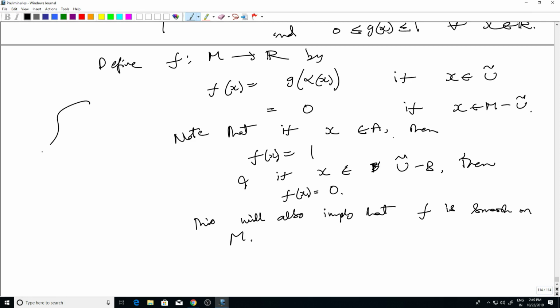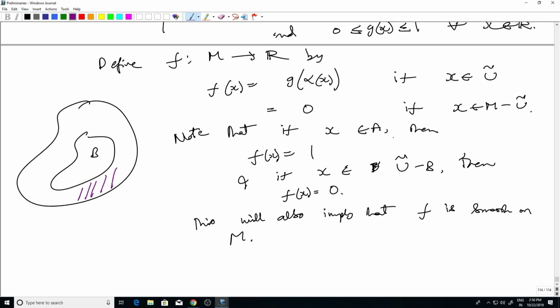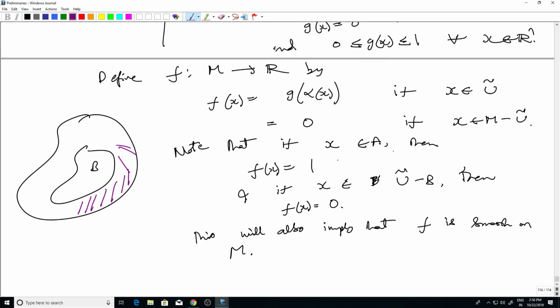So therefore, the point is that this is our B. Rather, it might be a distorted ball. So this is our B. And the point is that in U tilde minus B, in this entire portion, the function f of x is 0 anyway. And even outside this U tilde, we have defined it to be 0.